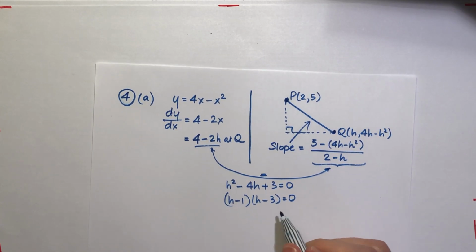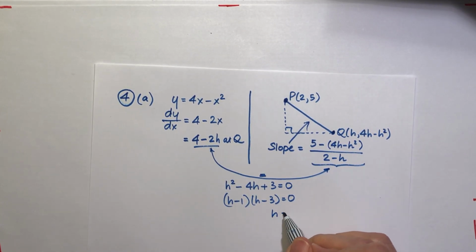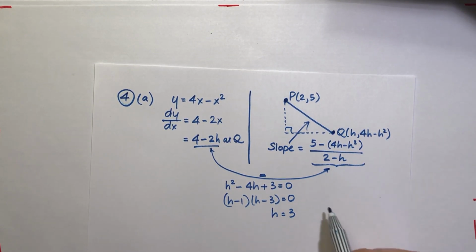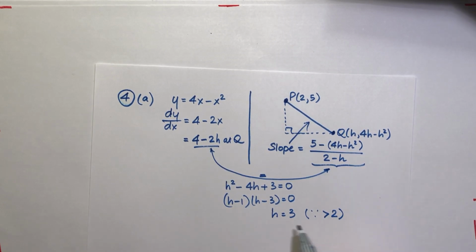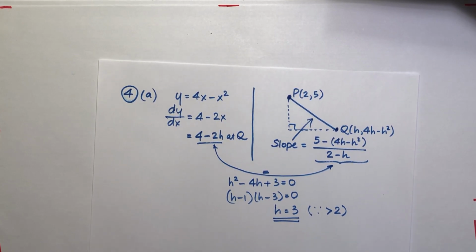In the usual case, we will say that h is either 1 or 3. But since h is more than 2, we know that 1 is not possible, so the answer is h equals 3. And you can state that because it's more than 2, which proves the first part as required.